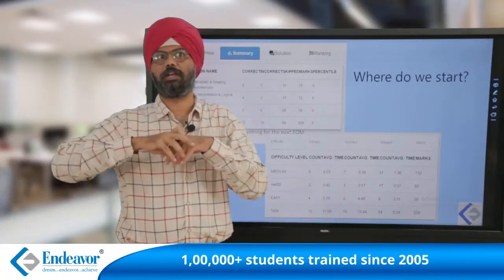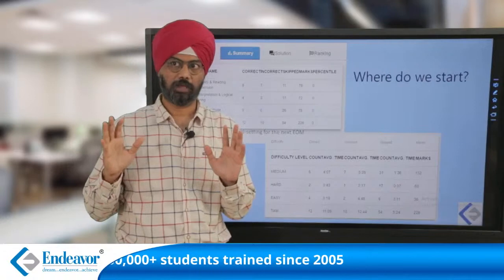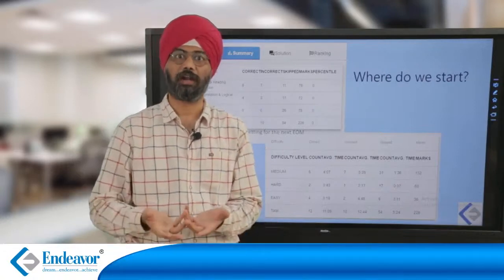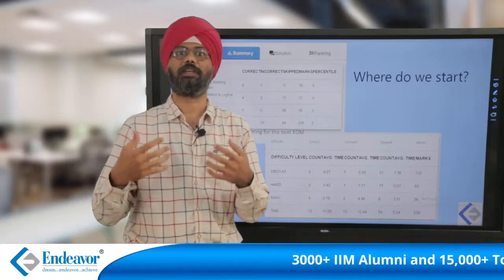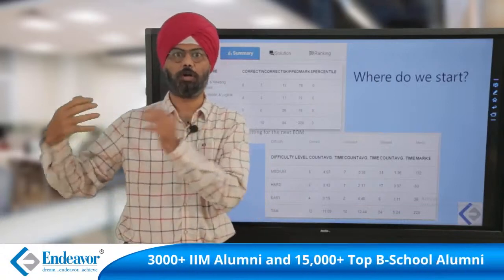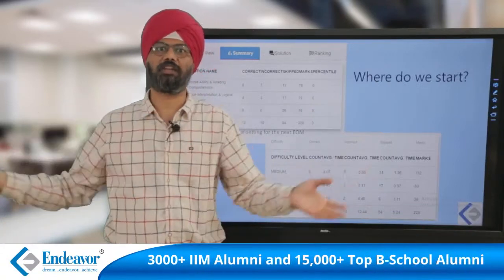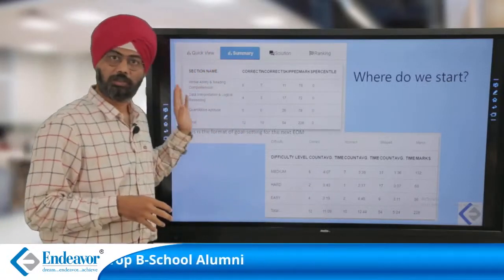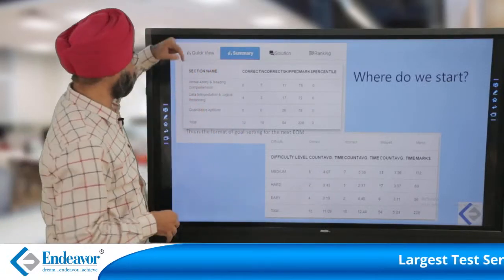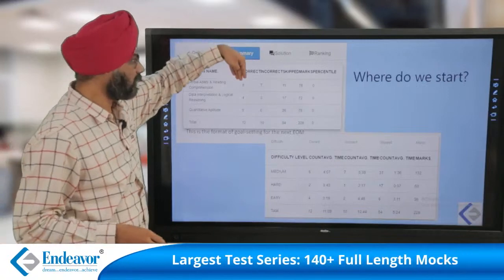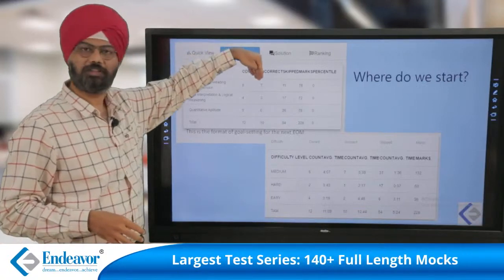But, sir, why not get all 26 correct? I wish you did that. But there is a difference between being realistic and being optimistic and being unnecessarily adventurous. That's what you want to avoid. So this table should be in front of you, that in verbal reasoning, I want to get these many correct, maximum these many incorrect.